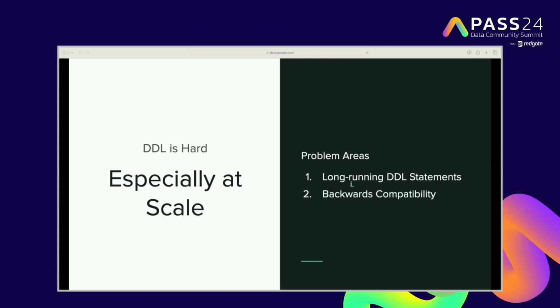At scale, which means high traffic to these tables and table sizes being very large, there are two main problem areas. The first one is long-running DDL statements due to locks and table scans. And there's a second area called backwards compatibility, where many application versions will talk to the same database in a distributed environment.